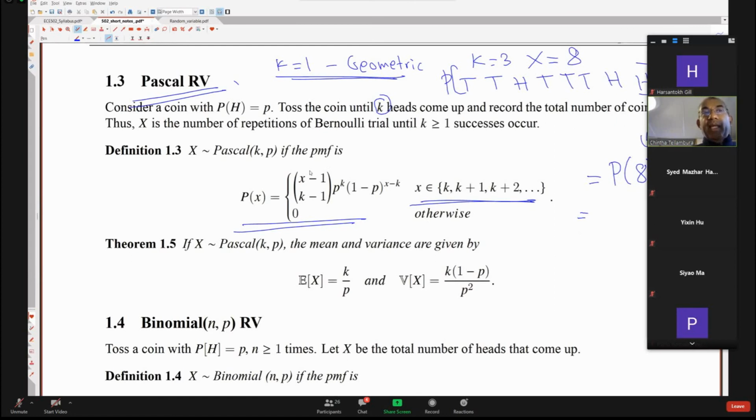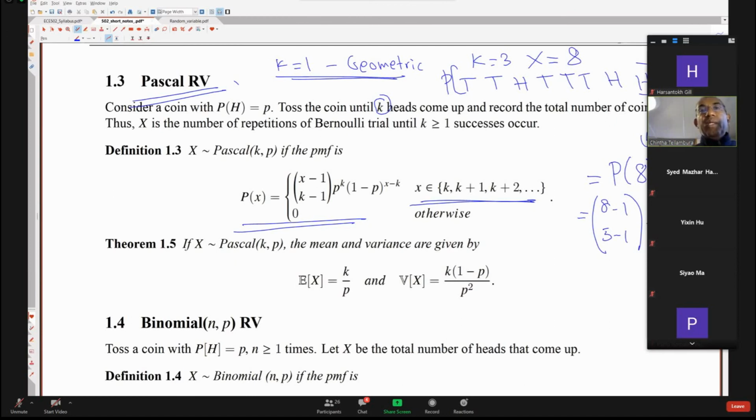So my x is 8 in this case. So 8 minus 1, choose k, where k is the number of heads needed for the success of the experiment. So k is 3 in this case, so it's 3 minus 1. You guys hopefully know the binomial notation. And p in this problem is a half.